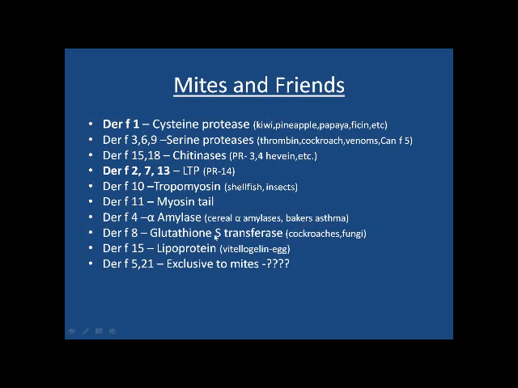We see the glutathione transferase, which seems to be important in cockroaches and also fungi. A lipoprotein, which is similar to vitellogenin in egg. That's the one that binds estrogen. And DURF5 and 21 might be exclusive to mites, and we don't know what their function is yet. They're pretty similar to each other.